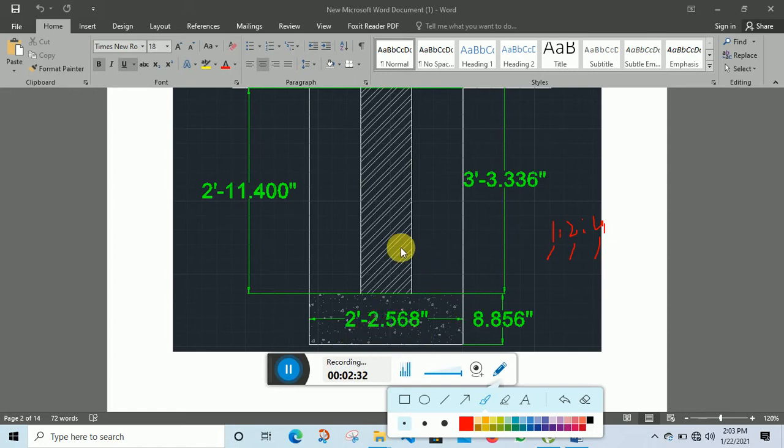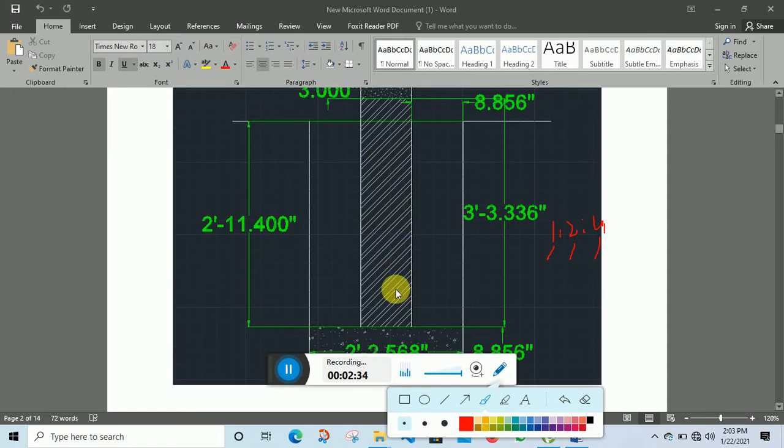This is the block work, and this is the total overall excavated depth, from here to here. This is the empty space, which we have to fill with concrete or some material. From here to here the distance is 2 feet and 11 inches.